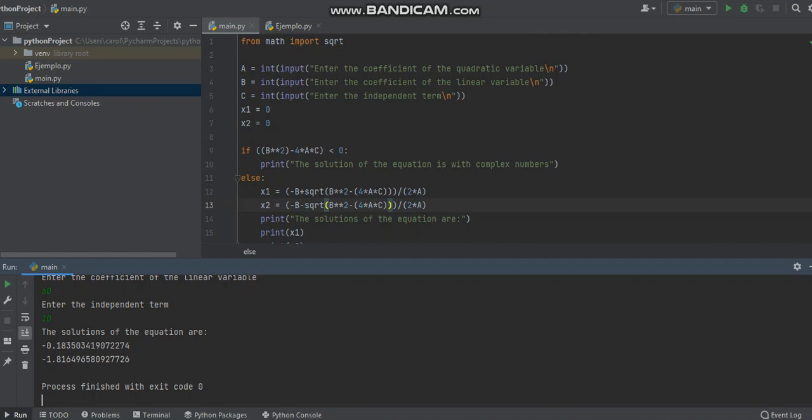Yes, so it brings the solutions. This is x1, and this is x2.